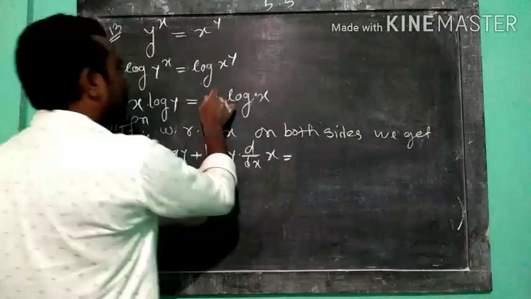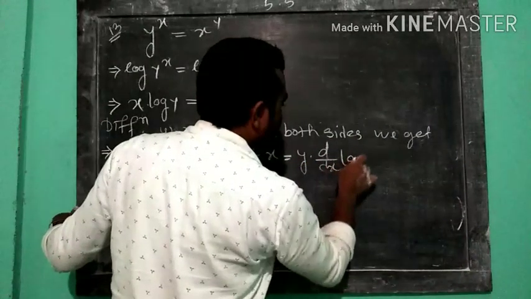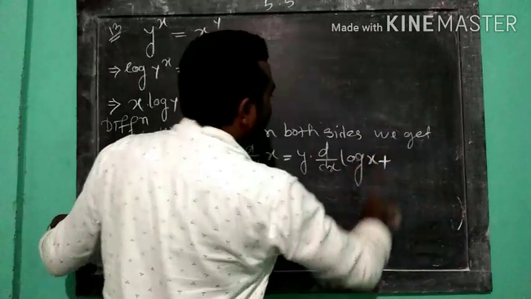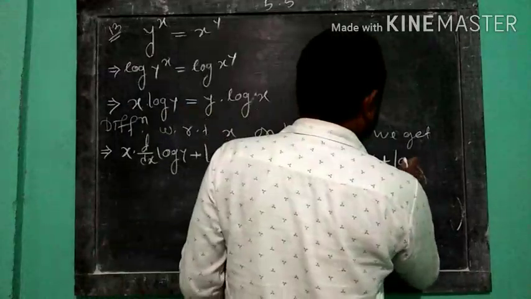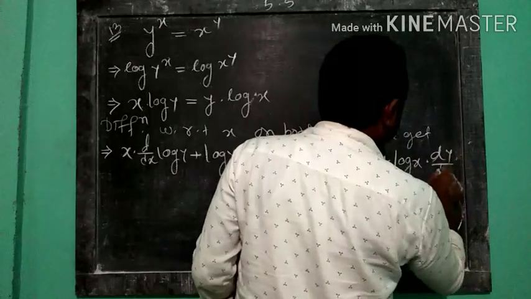This is equal to, here first y is constant, then d/dx of log x, plus here log x is constant and dy/dx.